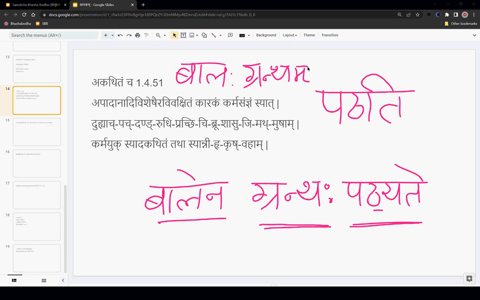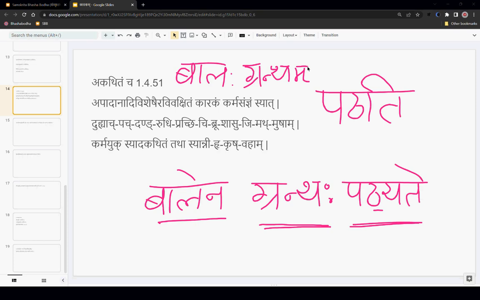Does the Karaka change between these two Prayogas, Balaha Grantham Pathati Kartari, Balena Granthaha Pathyate Karmani? Is the Karaka changing between Balaha and Balena and Grantham and Granthaha?